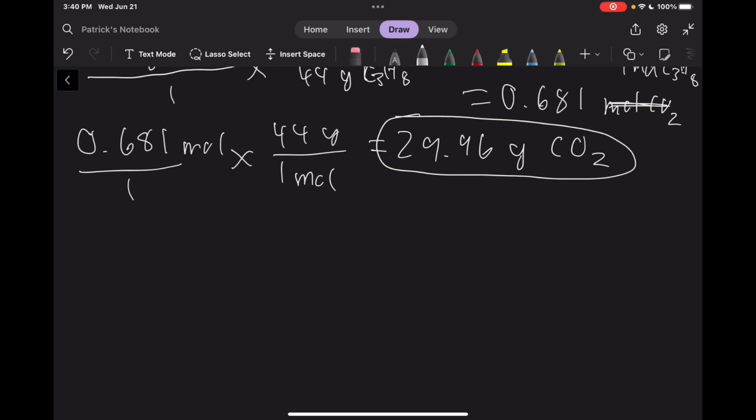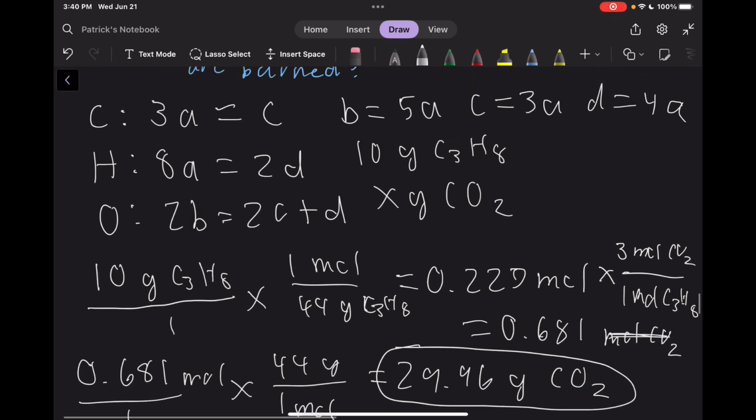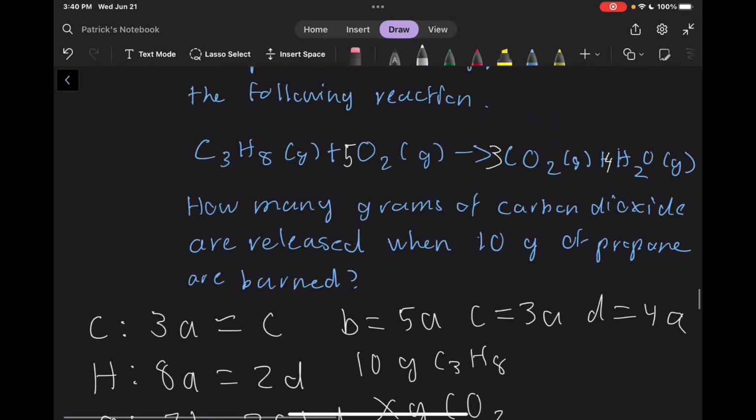We first designate propane as substance A and O2 as substance B. We've already converted the grams of propane into moles and gotten a value of 0.227. All we need to do from here is multiply this by the molar ratio of diatomic oxygen to propane, which, looking at our coefficients, is going to be 5 moles of O2 for every 1 mole of propane.